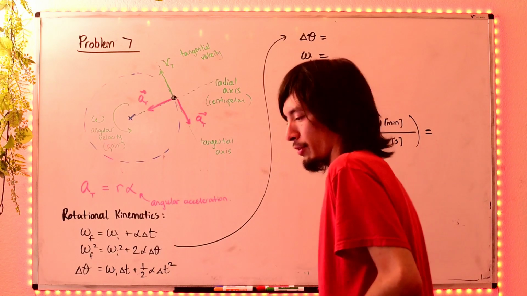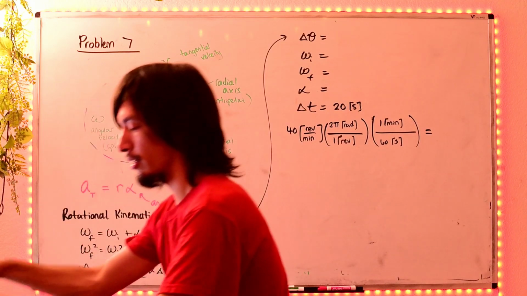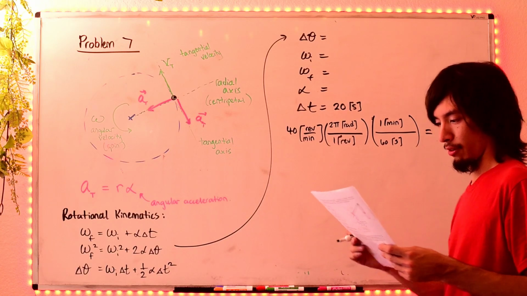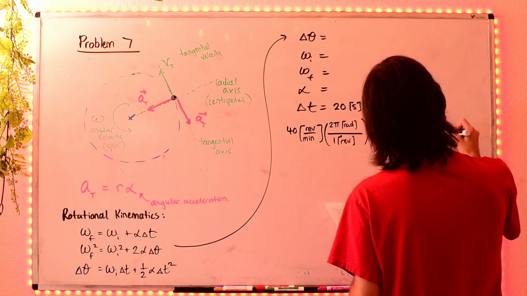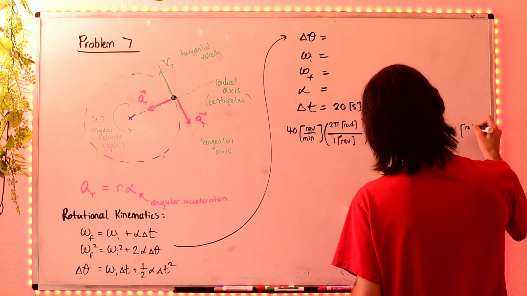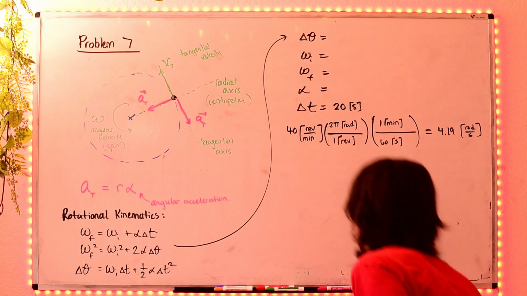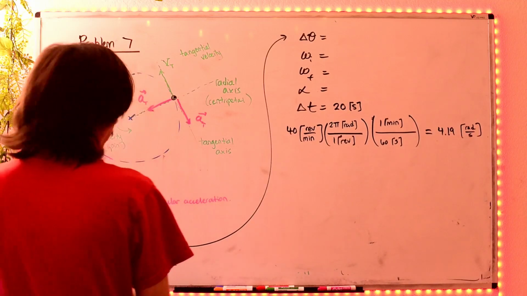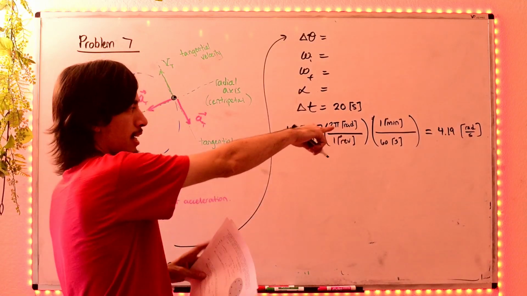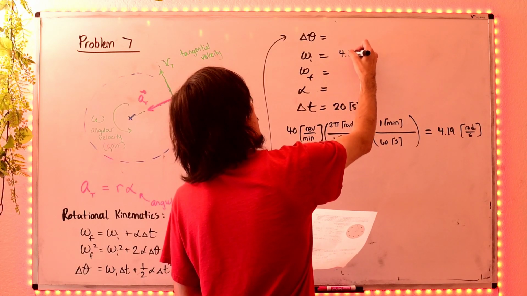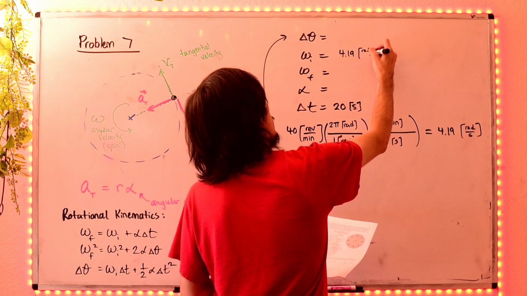And what you'll get for this, upon converting that properly, you should get 4.19 radians per second. Okay. Now, that's the initial angular velocity, so we're going to fill that in there, 4.19 radians per second.